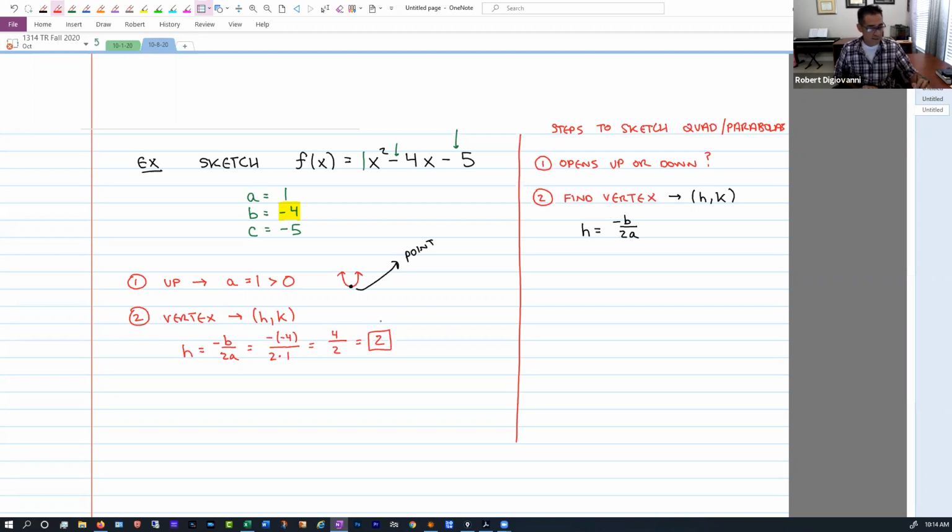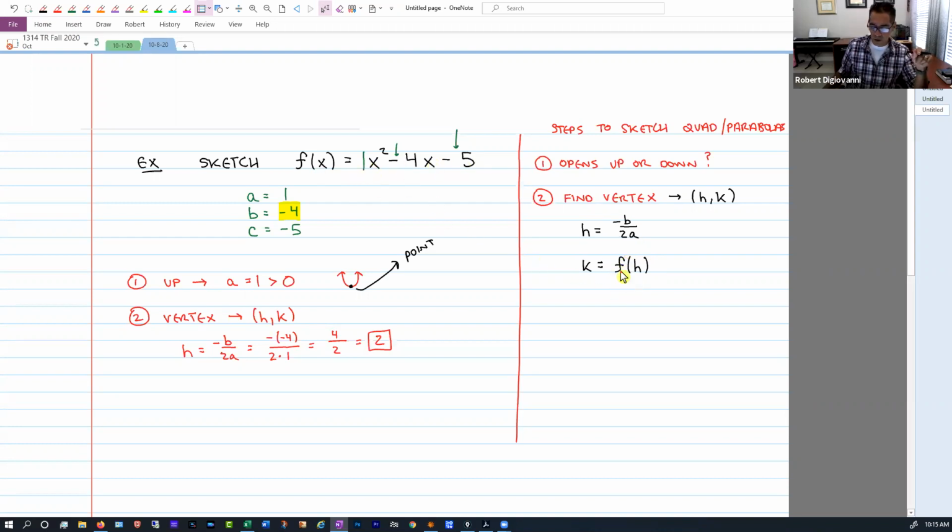Now we need k. Back over here on the side with the steps, I need to tell you how to get k. Again, it's a formula, but it's kind of a weird formula. You're going to take your function and evaluate it at h. We just had a test over this. If somebody gives you a function and asks you to plug a number in, you could do that, right? We have a function here: our function is the quadratic.